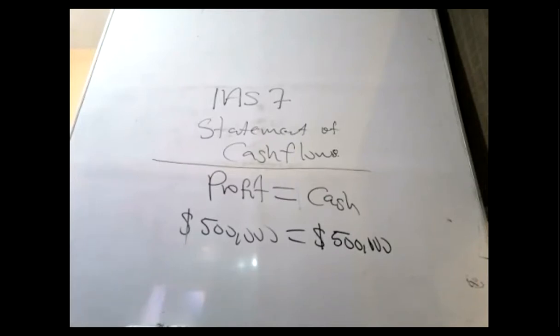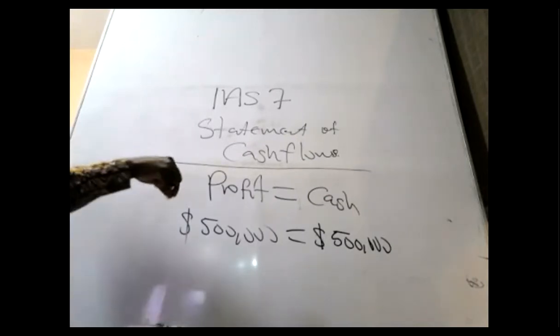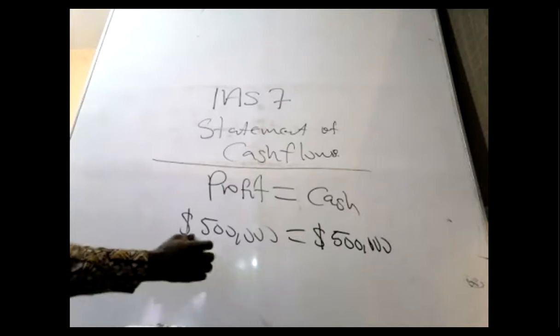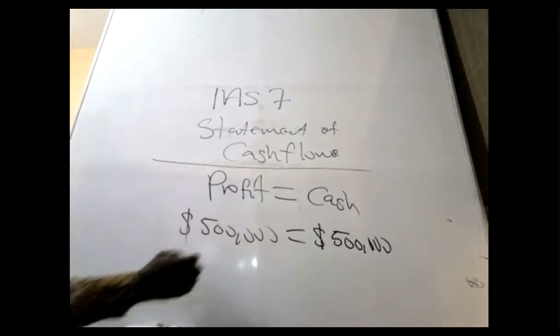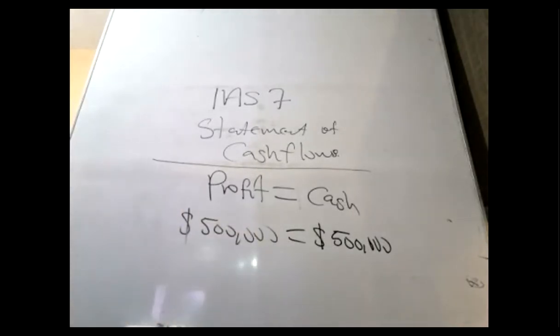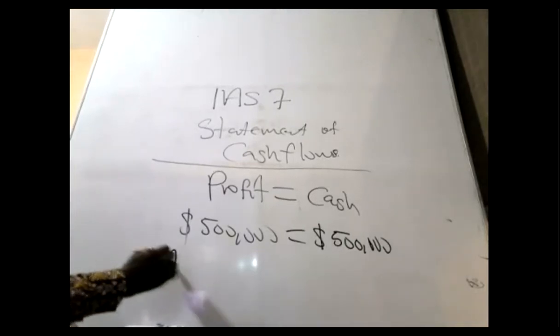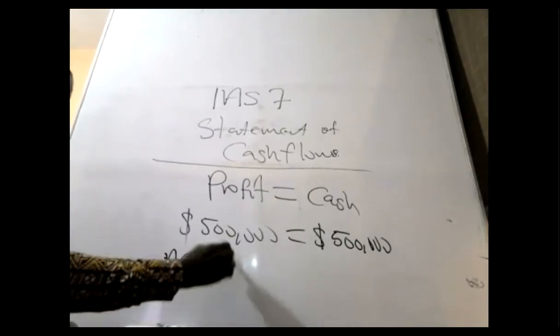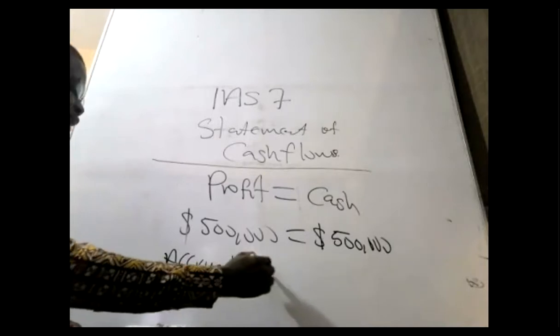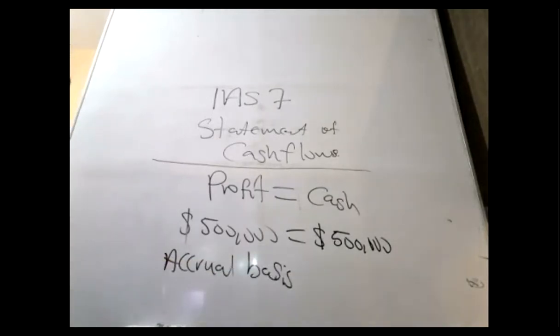Before you answer that question, it depends on the accounting basis that you are using. Under accrual basis, a big no. Under accrual basis, profit is never equal to cash.